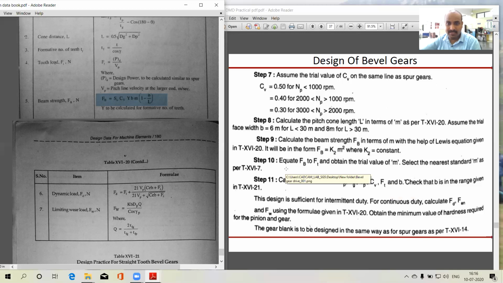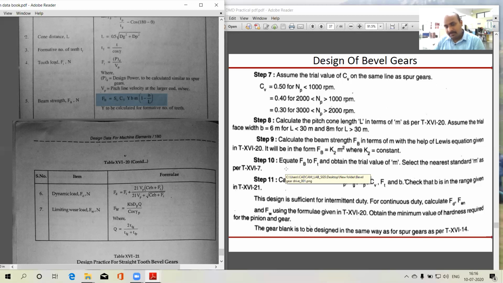Now in step number 10, for safety of design, we must put a condition that FT, that is tooth load, should be equal to or less than beam strength or bending strength.